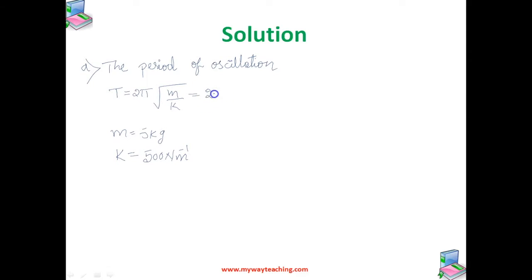So substituting the values, we get 5 kg by 500 Newton per meter. We get 2 pi by 10 seconds, that is equal to 0.63 seconds. Okay.